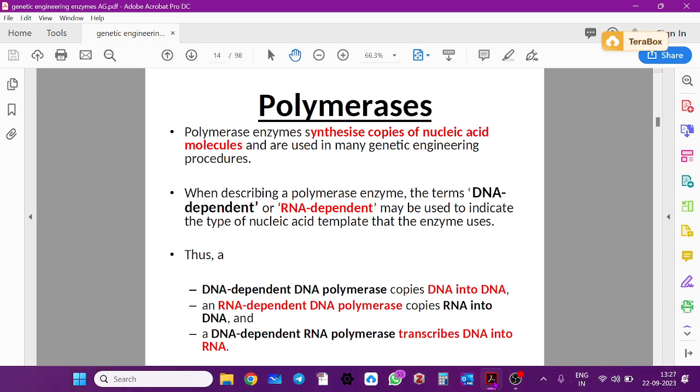Now, when you talk about RNA polymerase, it will synthesize a reverse complementary RNA strand. And now you can clearly say that this is synthesizing RNA. This is the RNA dependent RNA polymerase.